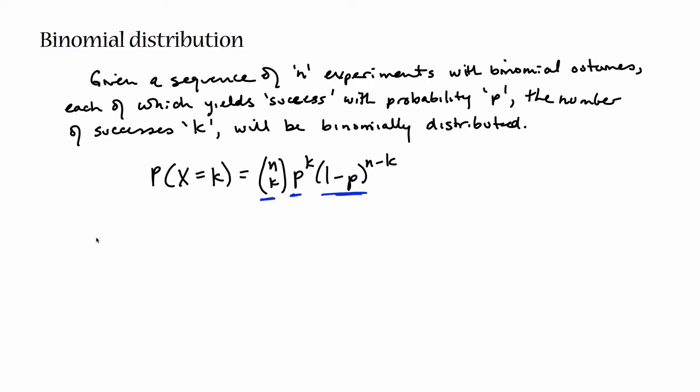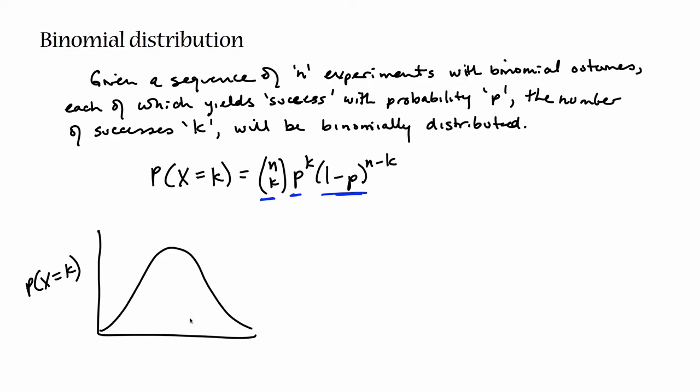What do binomial distributions usually look like? Well, the probability mass function, the probability that your outcome is equal to some number of successes, tends to look a lot like the normal distribution. Now, that was unfair.